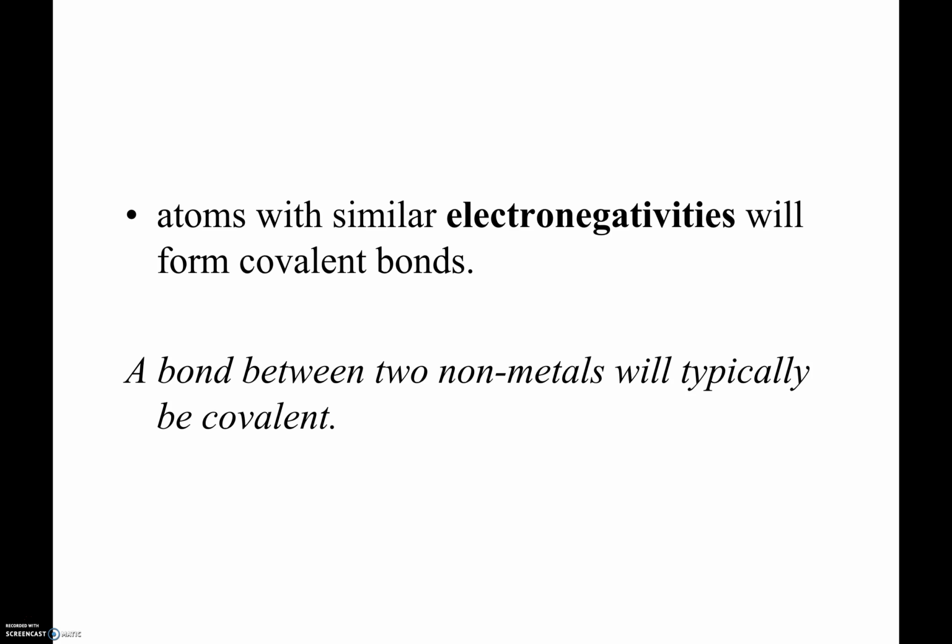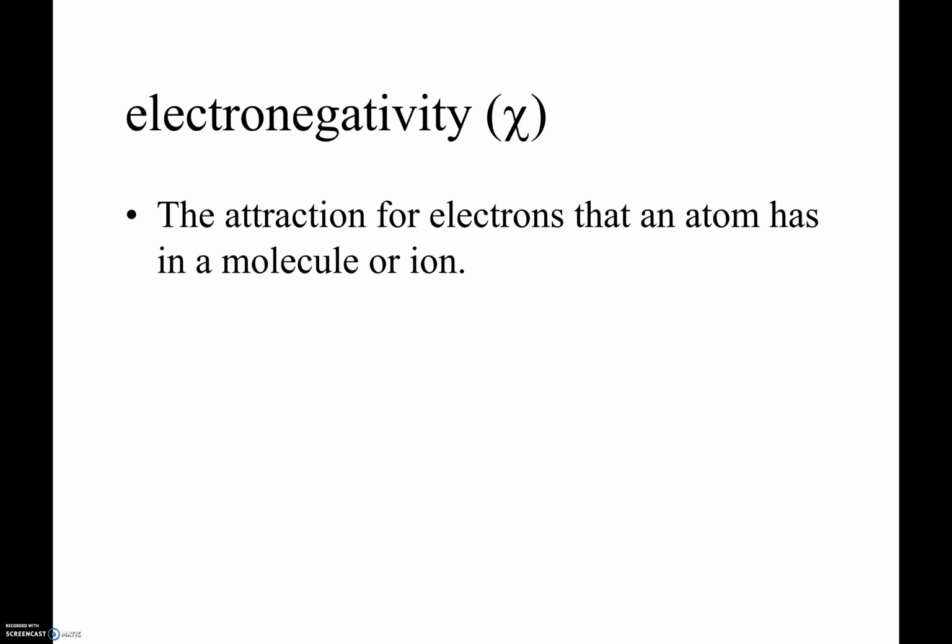What I'm describing, the partially negative and partially positive, is called the polarity of the chemical bond, the covalent bond. Electronegativity, Greek letter chi, you told me, increases from left to right for the group A elements across the period, and it increases as you go up the group.